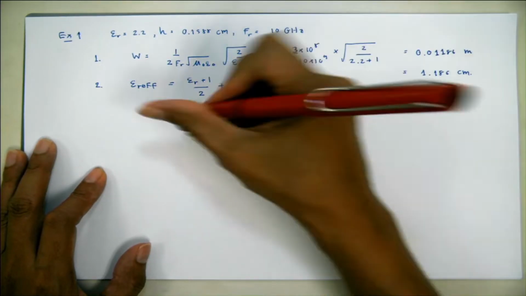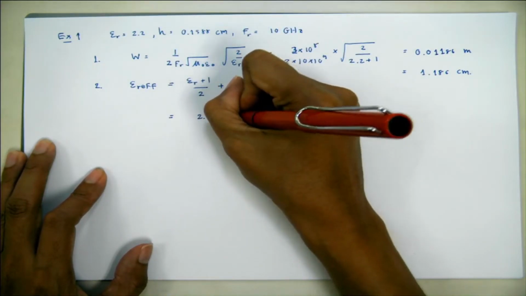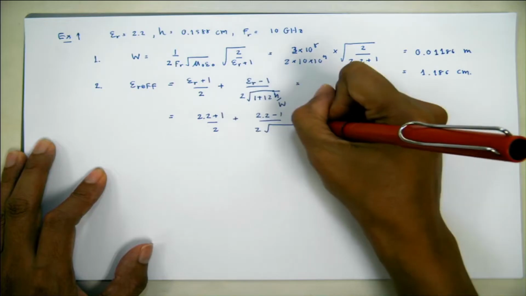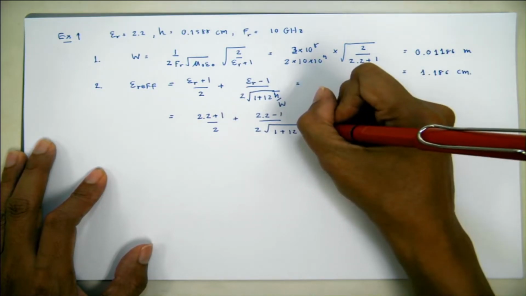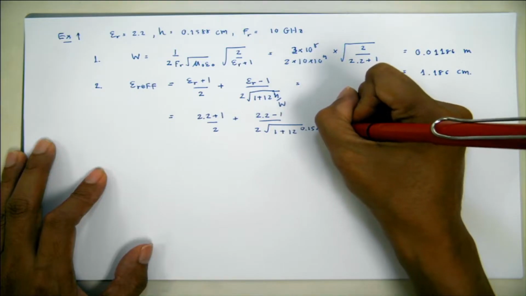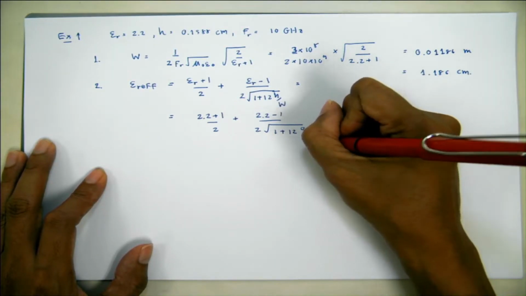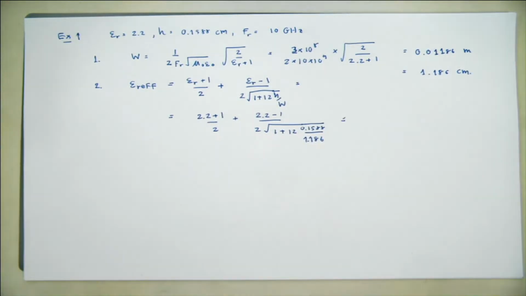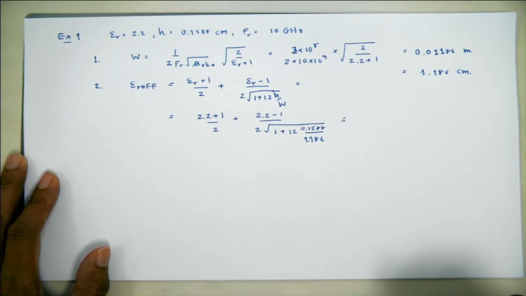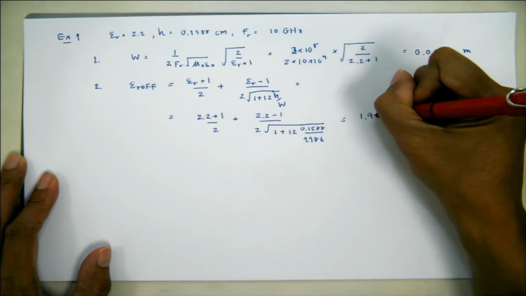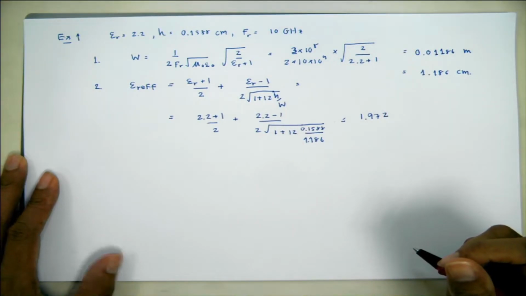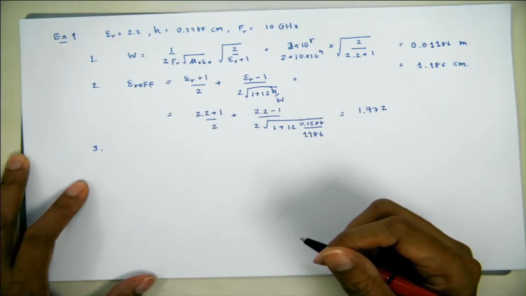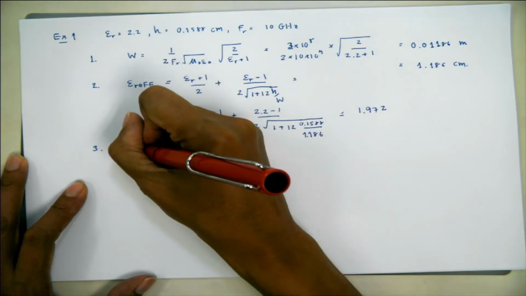So this becomes 2.2 plus 1 over 2 plus 2.2 minus 1 over 2, times 1 plus 12 times 0.1588 centimeters over 1.186 centimeters, and the answer is 1.972. Number 3, we need to find the extended incremental length of the patch, delta L.